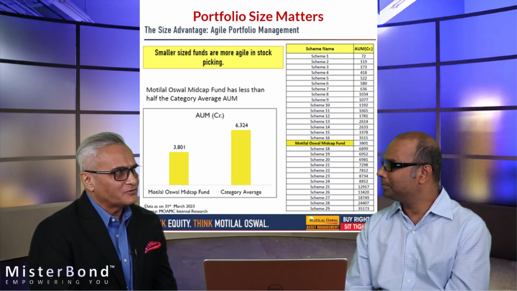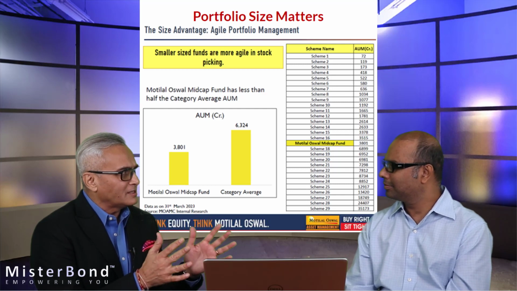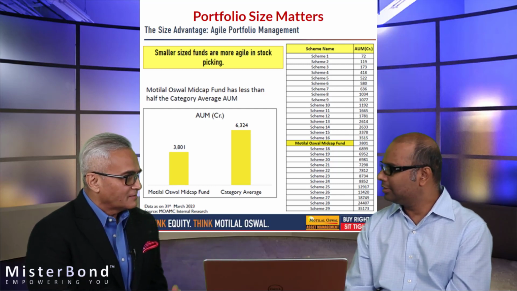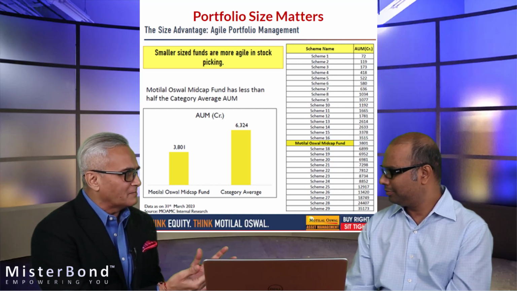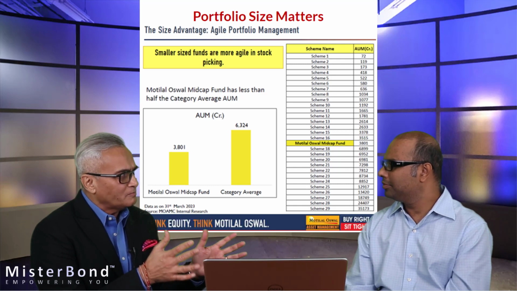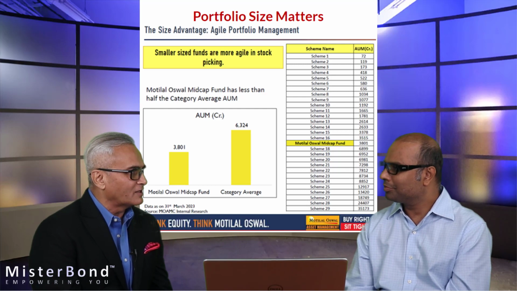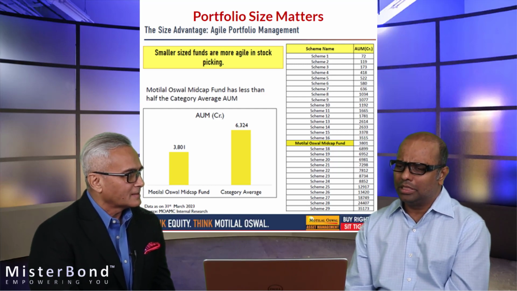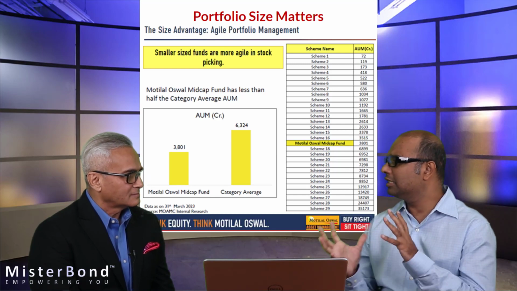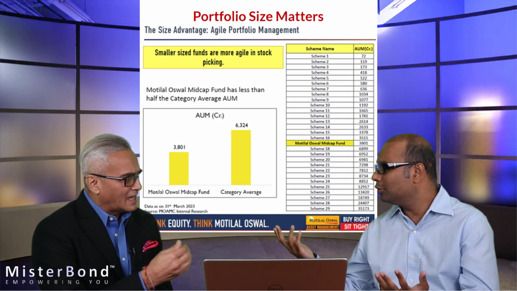How difficult is it for you to identify and generate alpha, because you're limited to those 150 stocks? We've seen something similar happening in the large-cap space, where, because of the 100 stocks, fund managers are not able to beat the benchmark. How difficult is it for you to beat the benchmark on an ongoing basis with a limited stock basket of 150? So I don't think it's very difficult to beat the benchmark. 150 doesn't mean it's a constraint, because you still have the balance 35% to put into large and small cap.